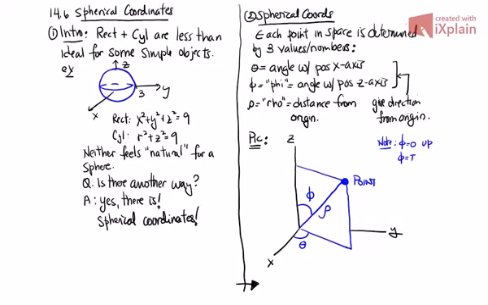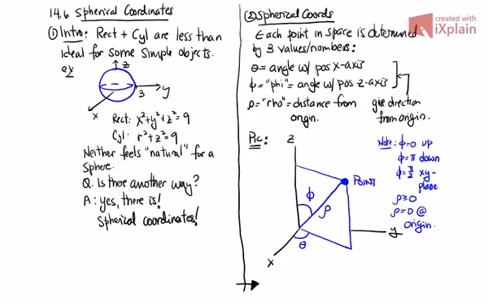Phi equals pi is straight down. Phi equals pi over 2 is the xy plane. Keeping these in mind can help figure out the whole phi. And then the other thing to consider is that rho is always greater than or equal to 0, it's distance, and rho equals 0 at the origin.